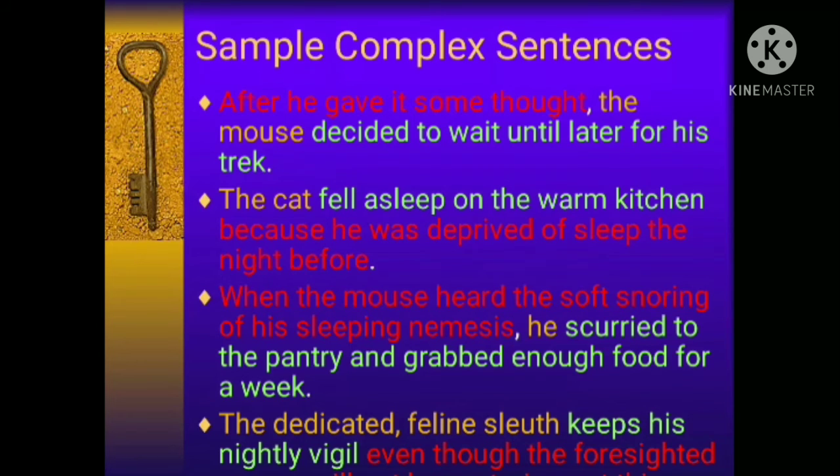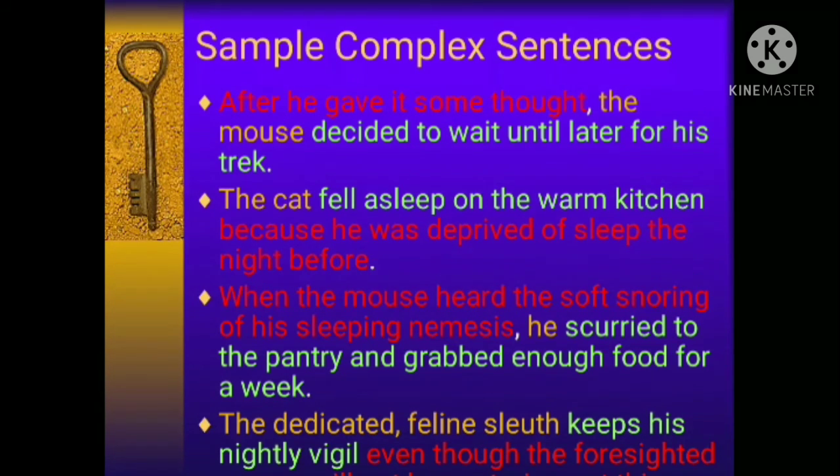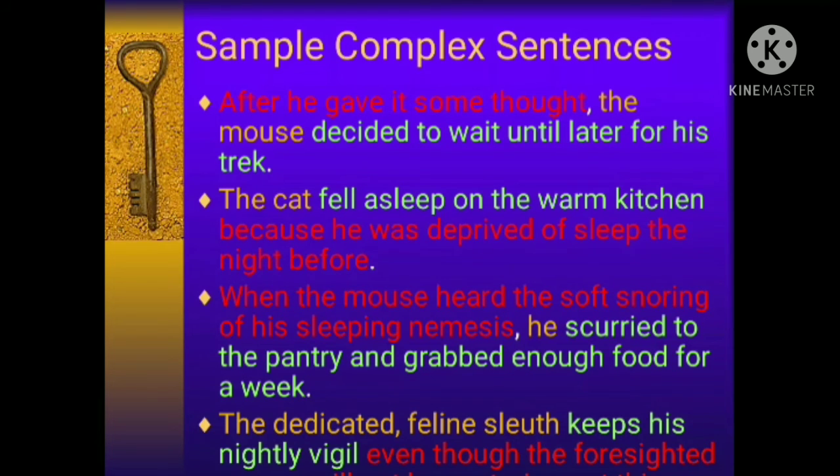And remember, there are many types of subordinate conjunctions, which are used for correct sentences. If, unless, provided, though, although, and all these subordinate conjunctions have different functions.